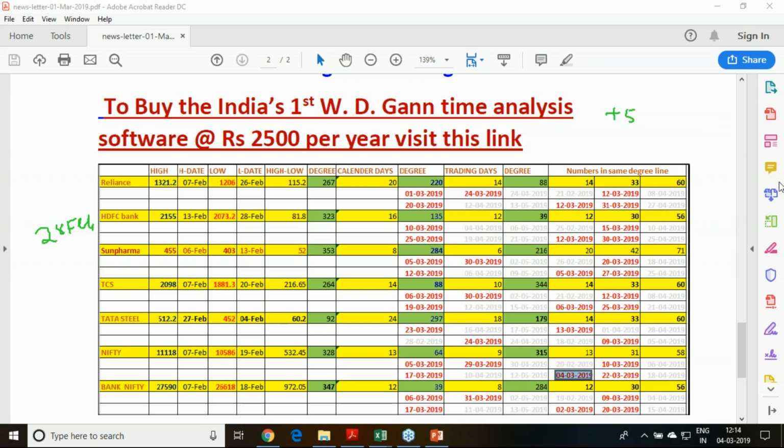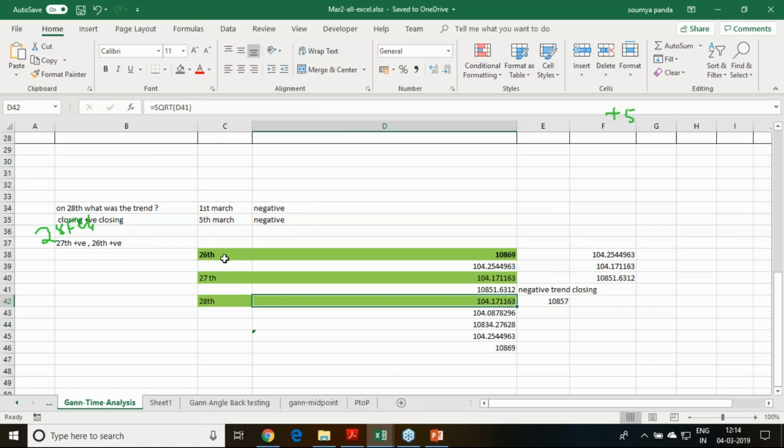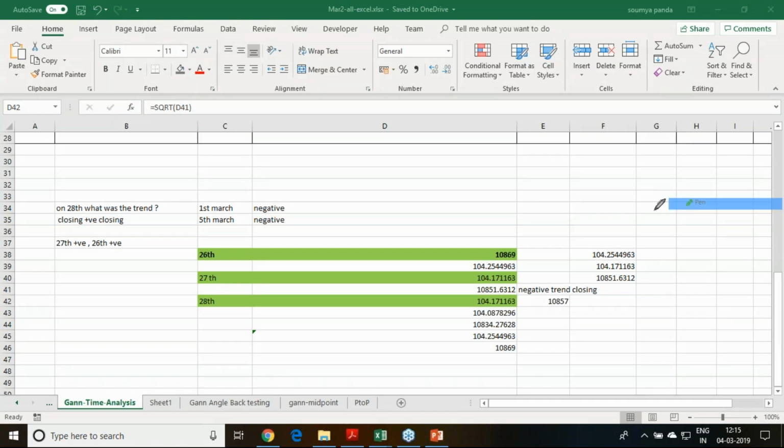So what is a trend positive closing and what is a trend negative closing? To explain this fact, I am just going for one Excel example here on the same Nifty. On 28th of February, the Nifty closed at 10,857, and before that, on 27th, the Nifty future was 10,851.